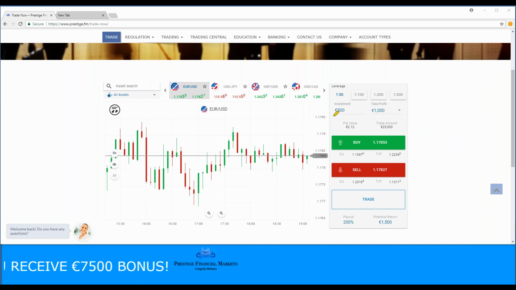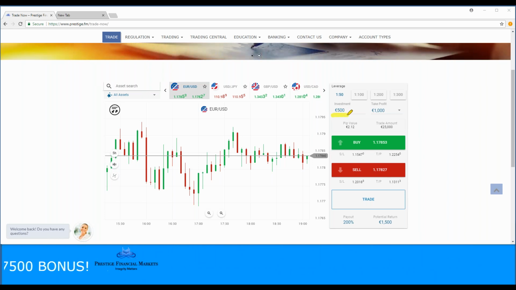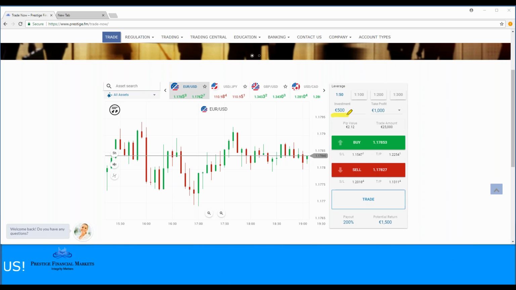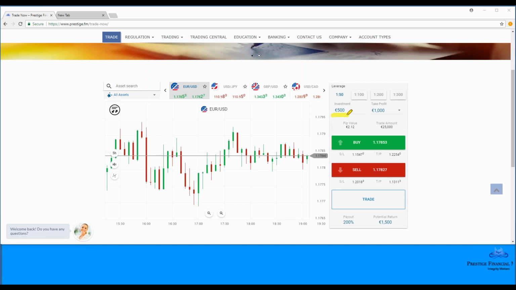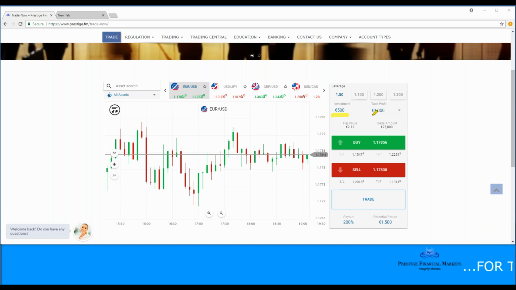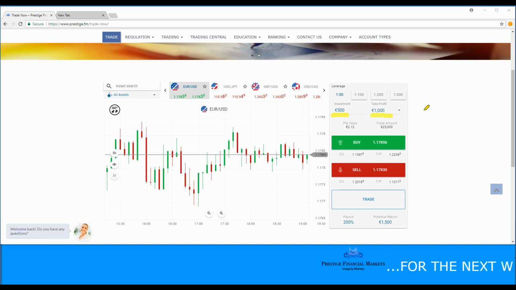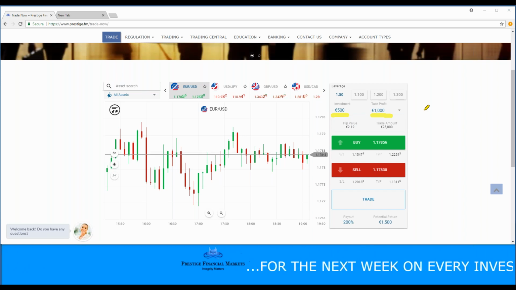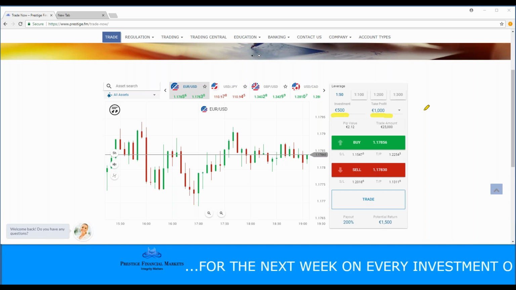First, of course, investment is how much money you are investing on a trade. Take profit is how much you are looking to win, to earn, to profit.